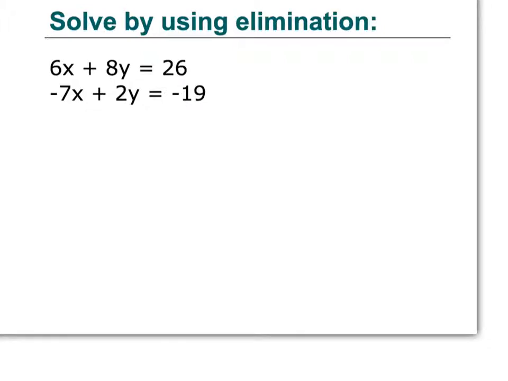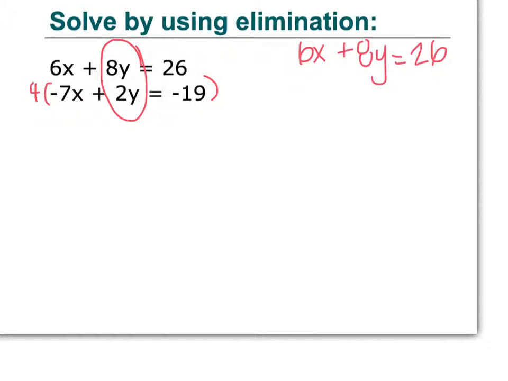Looking at these two, I would notice that my y's can easily both become 8. So I would multiply the whole bottom equation by 4. That'll give me 6x plus 8y equals 26 on top still. And then that bottom one will become negative 28x plus 8y equals negative 76.